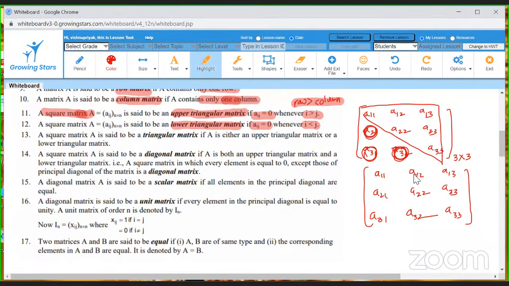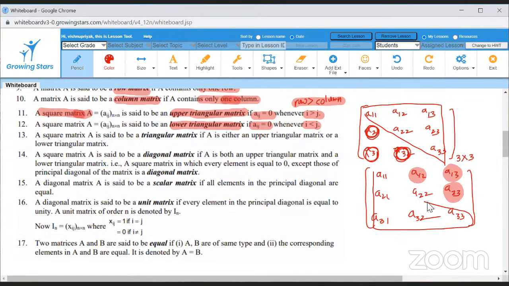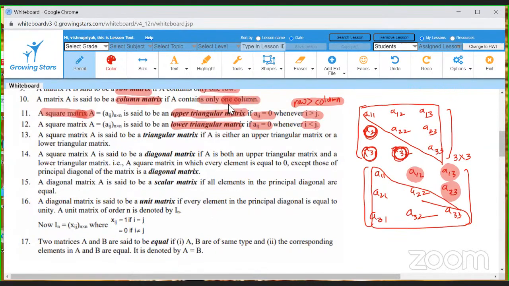Whenever the row is less than the column, those became zeros. All of them became zeros. So this is a lower triangular matrix.